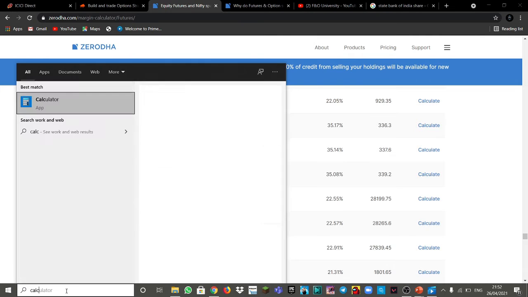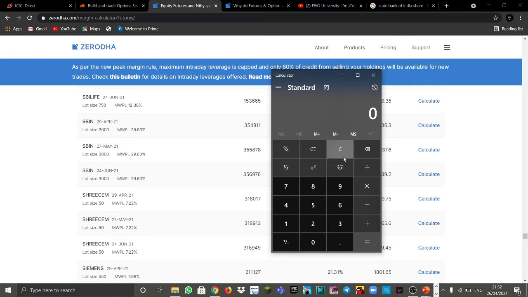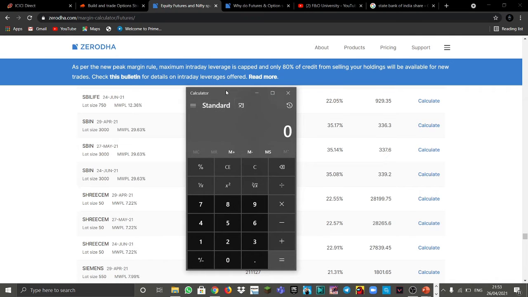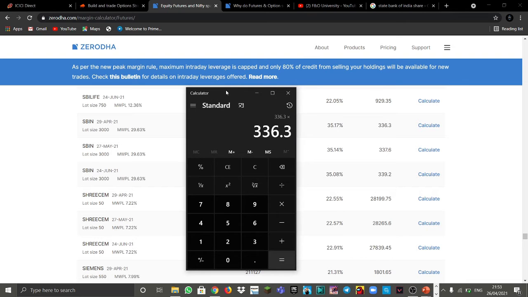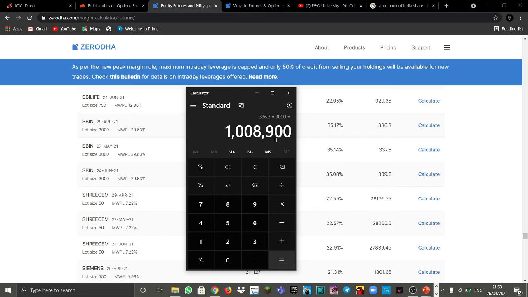Okay, so let's calculate. What is the 35%? 336.3 multiplied by 3000, so the total contract value is 10 lakh 8,900 rupees.